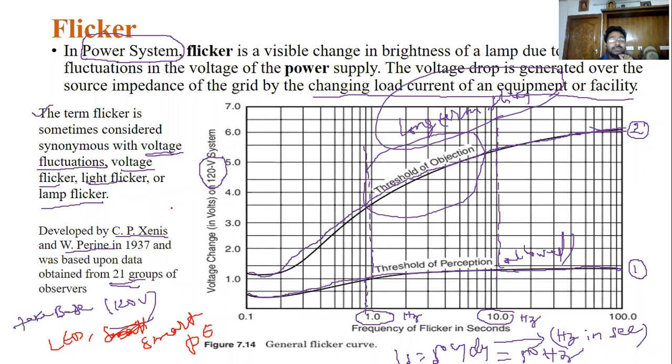But when you consider these flickers on the industry side, they cause a huge economic loss, because there are changes in the voltage levels in the industry, where we use PLCs, programmable logic controllers, PI controllers, P controllers, PID controllers, artificial intelligence, power electronic based inverters and other things. A small change in the voltage leads to wrong operation of the power electronic devices.